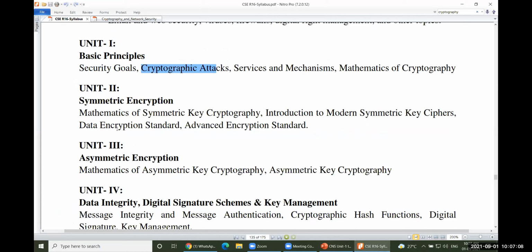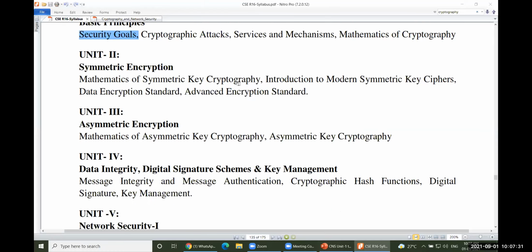You must concentrate on this unit: on the mathematics of cryptography and the security goals of cryptography.